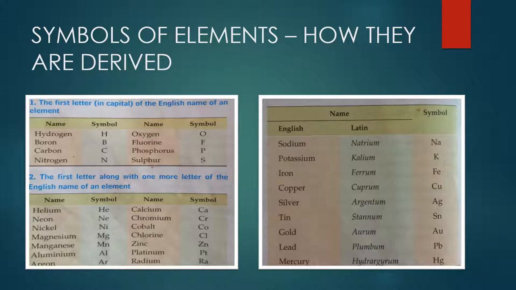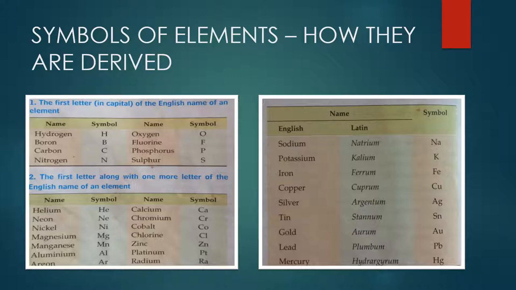For example, hydrogen, the symbol is capital H. Boron, capital B. Carbon, C. Nitrogen, capital N. Oxygen, symbol is O. Fluorine, capital F. Phosphorus, P. And sulfur, S.